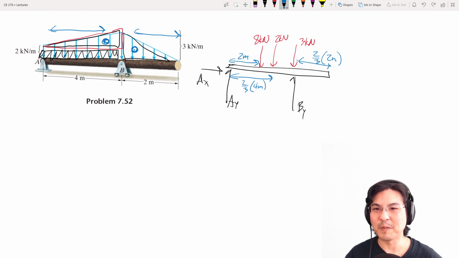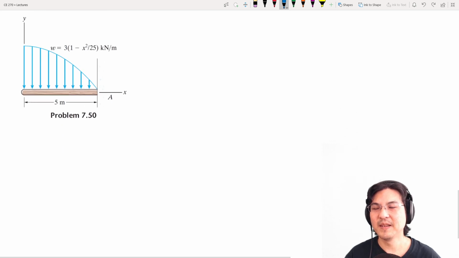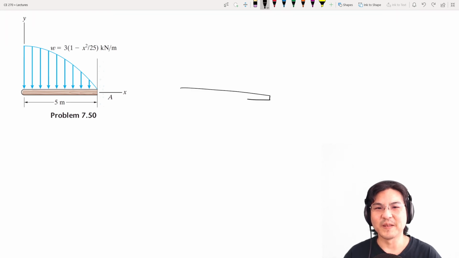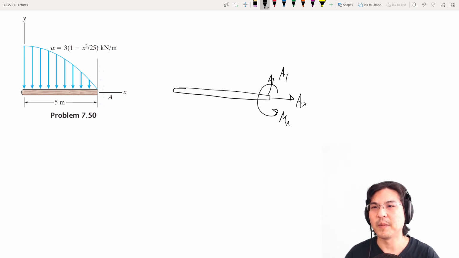Okay, one more example. Something like this now. It's a fixed support at A, so that means there's a 2D force and a couple. And then how do I represent this distributed load?